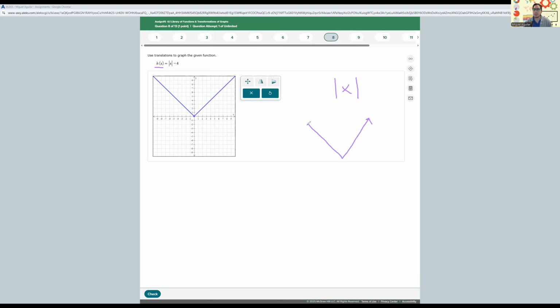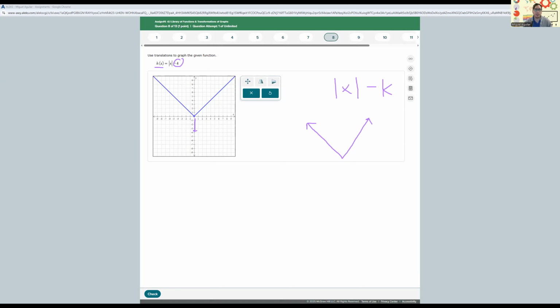That's what the absolute value function looks like, okay? But if I subtract a number from my function, then that should move the graph down k units. So in this case, minus 4 means that this graph should shift down 4 units. So it should be moving down to negative 4.